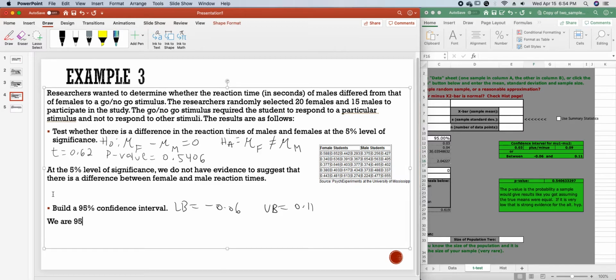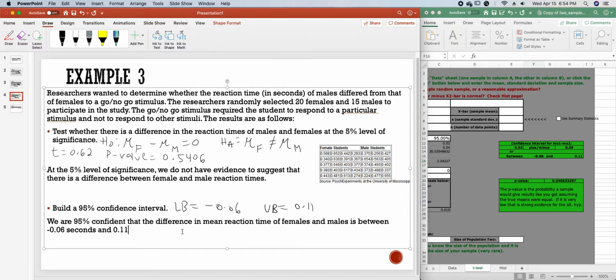We are 95% confident that the difference in mean reaction time of females and males is between negative 0.06 seconds, that being the male mean is higher, and 0.11 seconds, that being for when the female mean is higher.